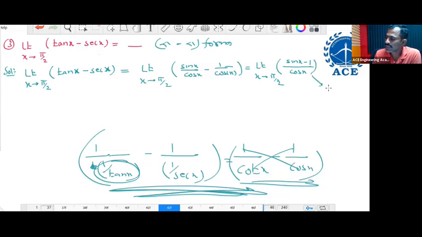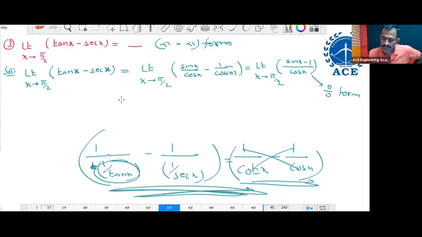Now this is the 0 by 0 form. In this way also we can do the problem. But always this may not be possible for every function. When it is infinity minus infinity, if possible, we do like this. If not possible, it is a method according to note point number 2.